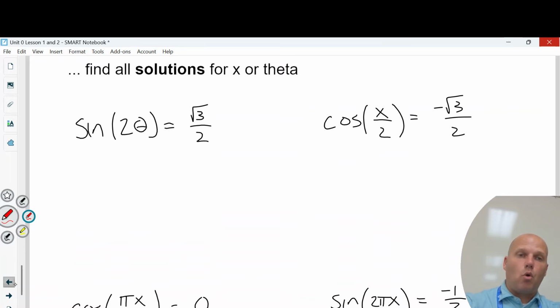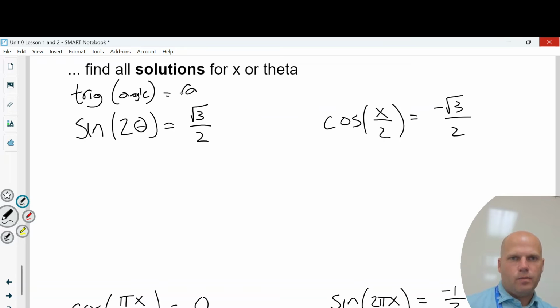Finally, what happens if there's more than just theta or x inside your trig function? Well, just remember it's the trig function of your angles that equals your ratio. Here your angles are represented by 2 theta. Those are your angles. What can your angles be? Well, 2 theta can be, okay, sine is root 3 over 2.